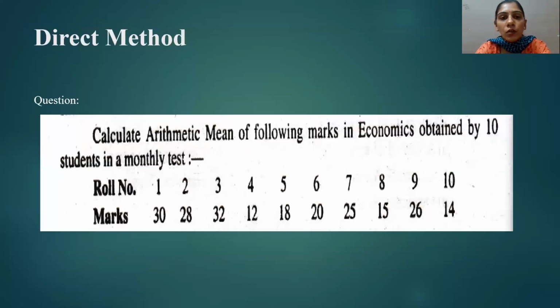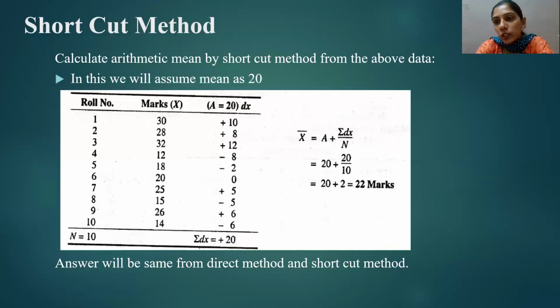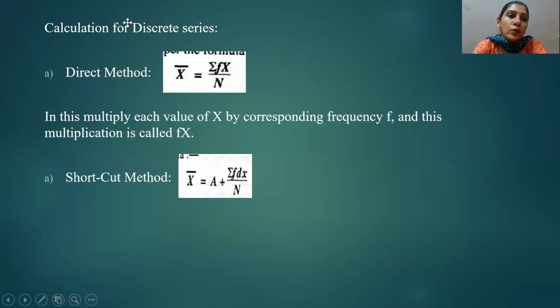This is how we calculate the mean, or average, in an individual series, for the direct method and for the shortcut method.